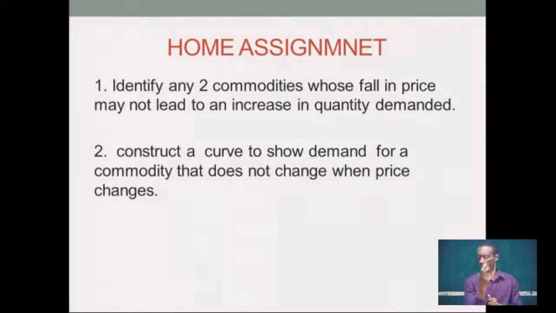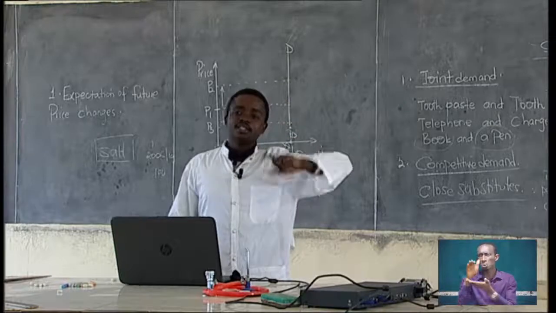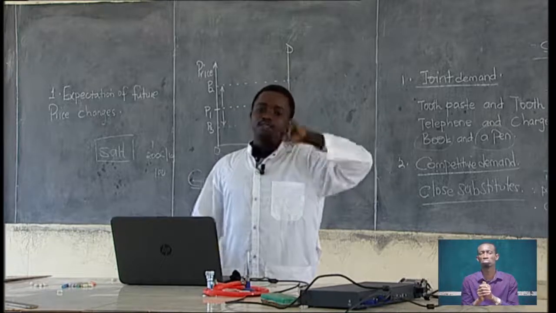Question 2, construct a curve to show demand for a commodity that does not change when price changes. Here price is changing, but quantity demanded is not changing. Price may increase and you expect quantity demanded to reduce, or price may reduce and you expect quantity demanded to increase.